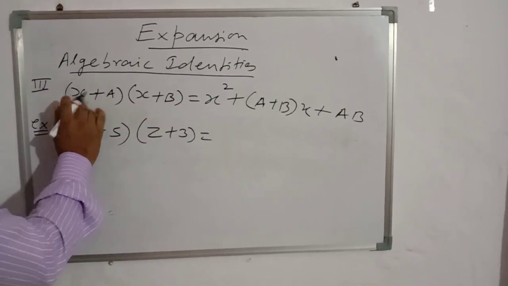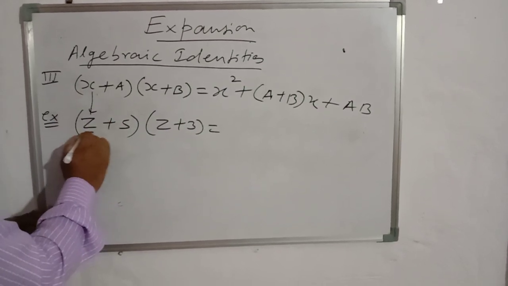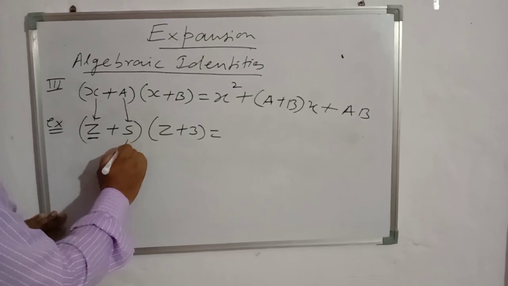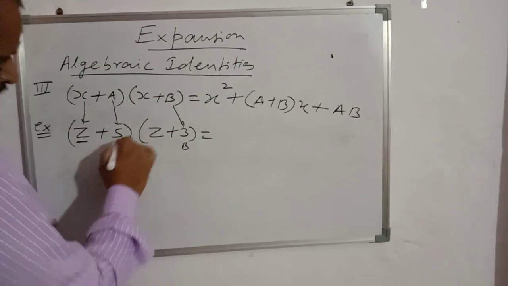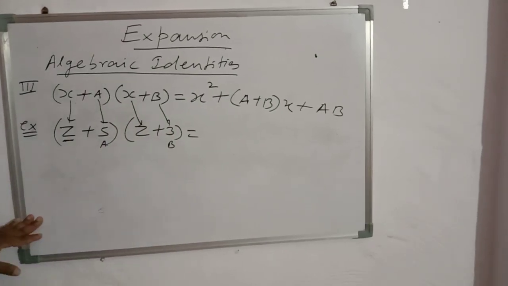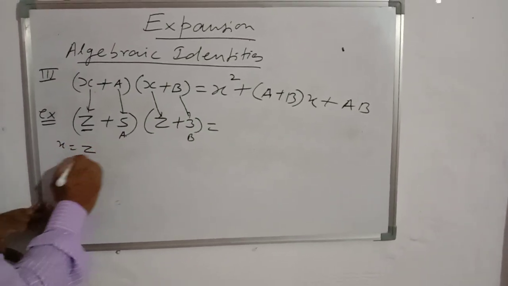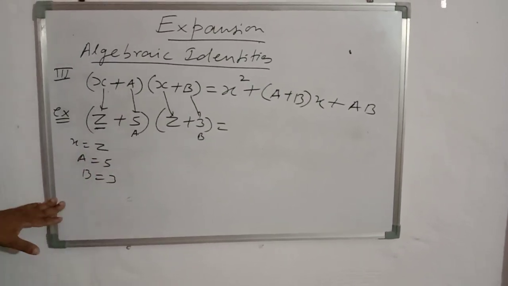If we compare with x plus a into x plus b, what is in place of x? z. What is in place of a? 5. What is in place of b? 3. So here x is z, a is 5 and b is equal to 3.